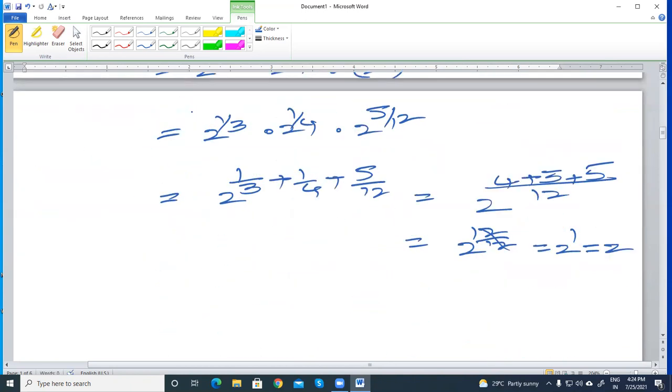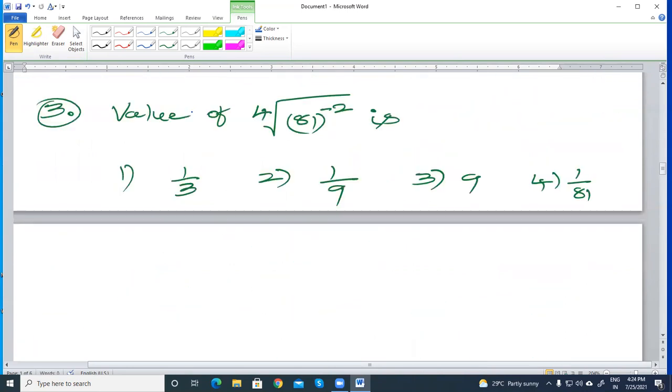So next, suppose you see the value of fourth root of 81 power minus 2. How to solve this is, 81 whole power minus 2, and fourth root you can write as 1 by 4.